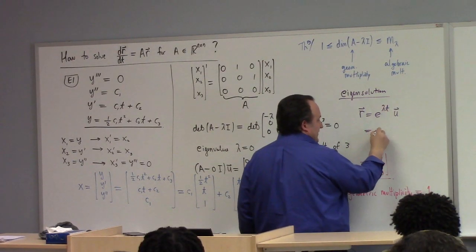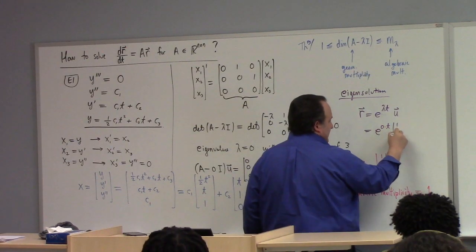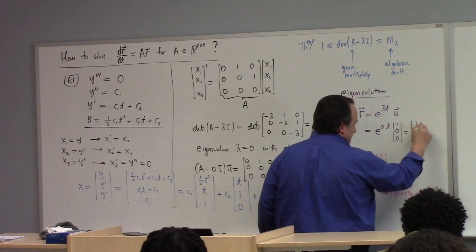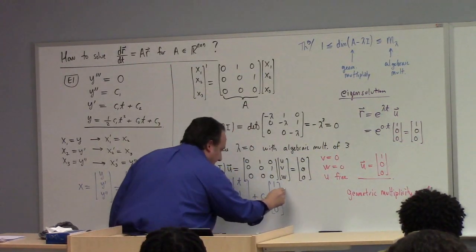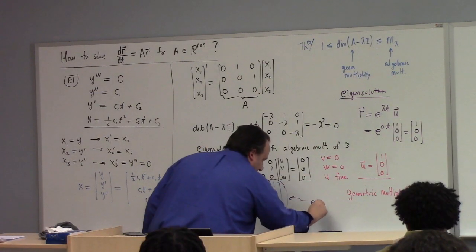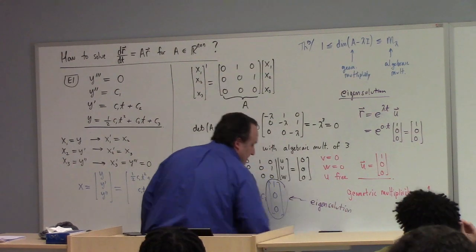So here we've got e to the 0 times t times the eigenvector 1, 0, 0, right? But that is 1, 0, 0. So you see this right here, that's my token eigensolution. There's only one of them here, right?